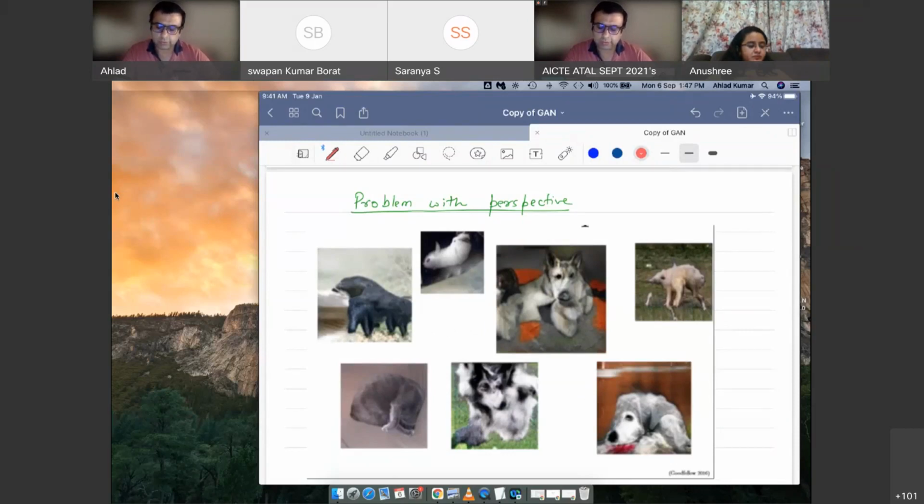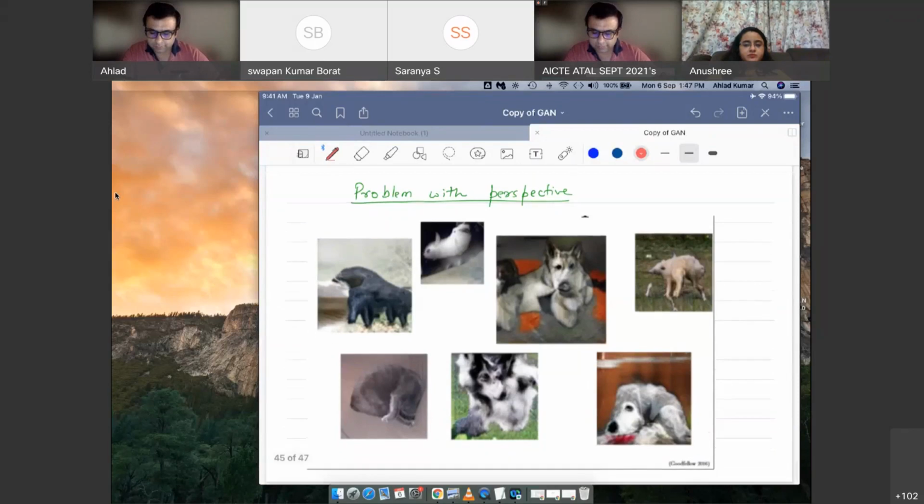It cannot identify the 3D projections, and once it projects them onto the 2D image, it creates these types of artifacts. As you can see, the images of the animals do not look exactly like animals, because the 3D projections of the background are blended onto the images of the animals. So this is the problem with perspective that we have for GANs.